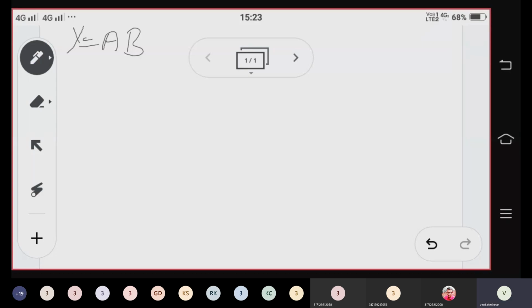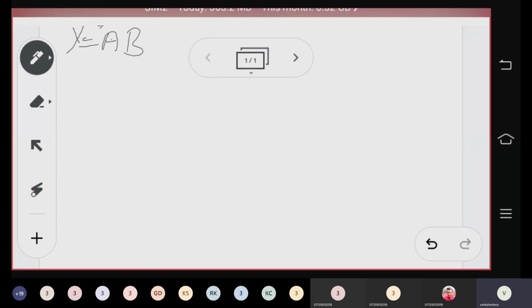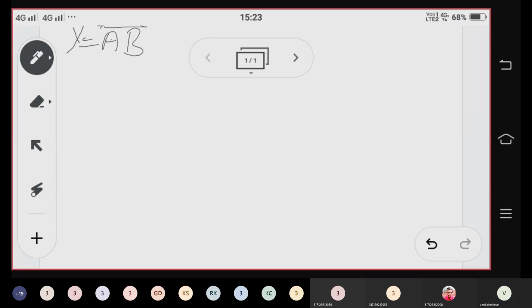So for AB bar, how many transistors are required in the pull-up circuit? 2, sir. Yes, we have two inputs, so it requires 2 transistors in the pull-up network as well as 2 transistors in the pull-down network. Now the equation consists of a product or sum? Product, sir.